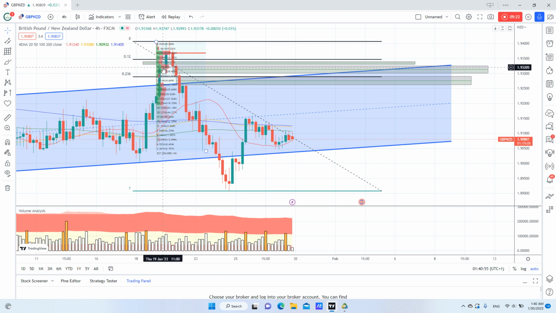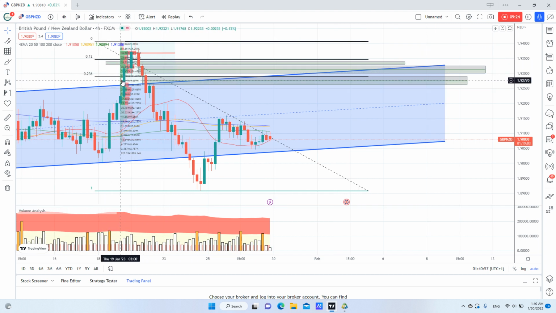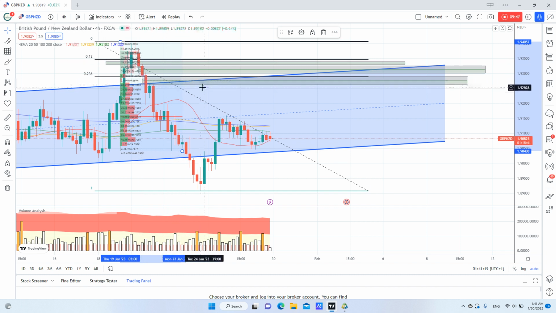So we don't have a volume that is confluent, but as I said before, you can also see the gaps at this volume profile. You can see that here is a gap in the volume. Here is almost no volume, which is confluent with this gap that we drew in the chart.